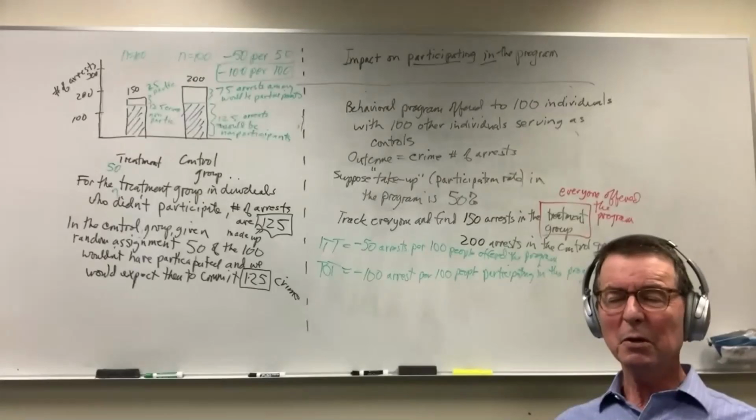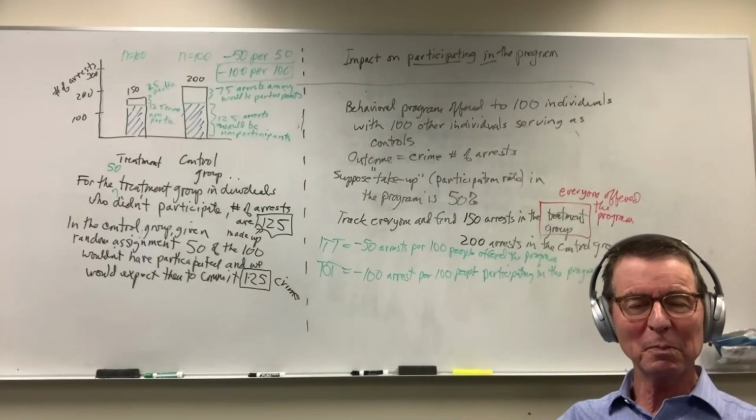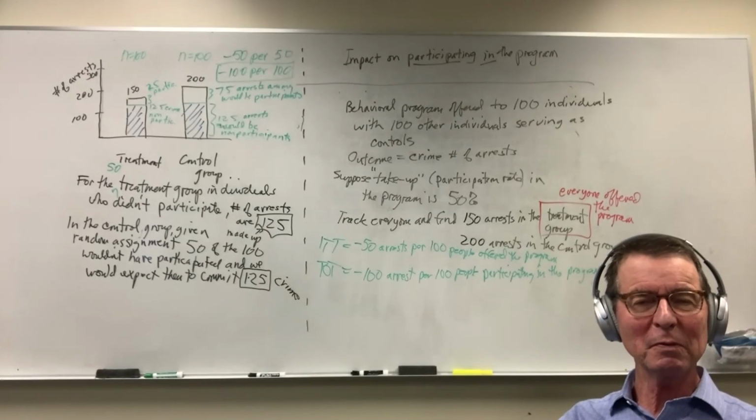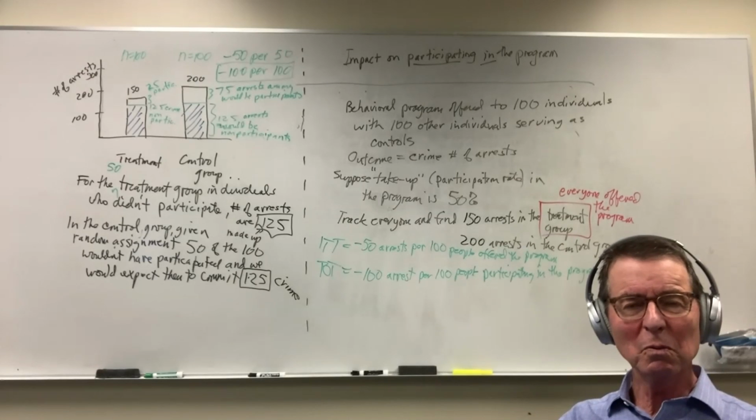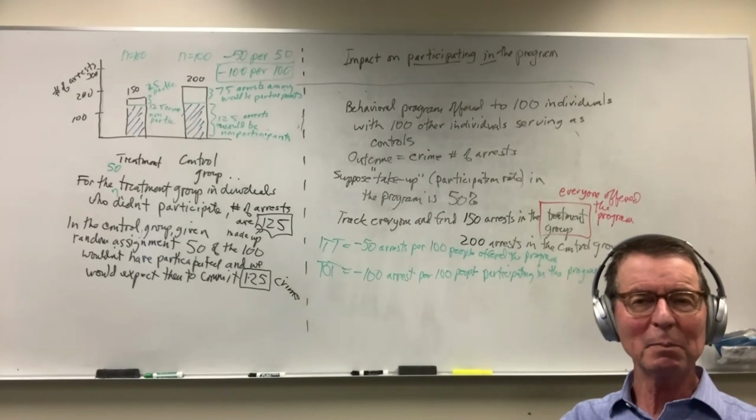So this is what I'm struggling with. Yeah, but you need a counterfactual, right? Of the people offered the program, 50 participated, 50 didn't. You don't know what went on in the minds of the people or the circumstances of the people who ended up not participating in the program, right?